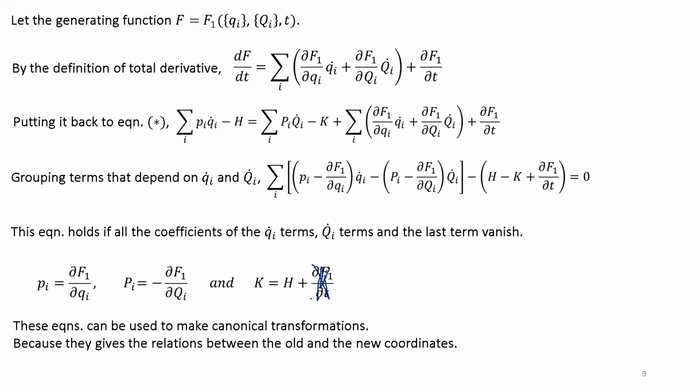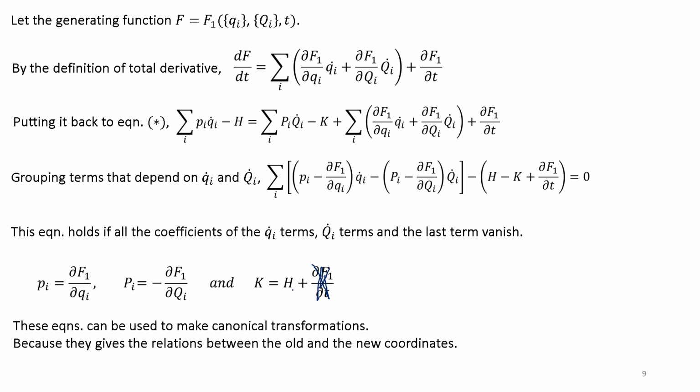So the old Hamiltonian is just the new Hamiltonian. But remember, I'm not talking about the form of the old Hamiltonian being equal to the new Hamiltonian. The form will be different.